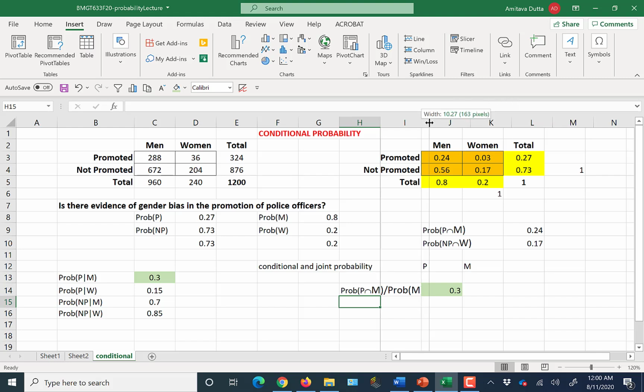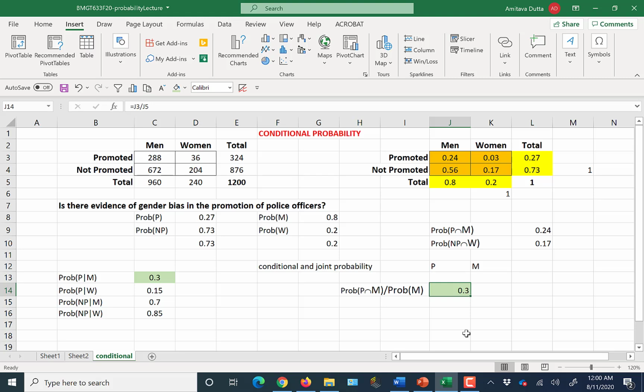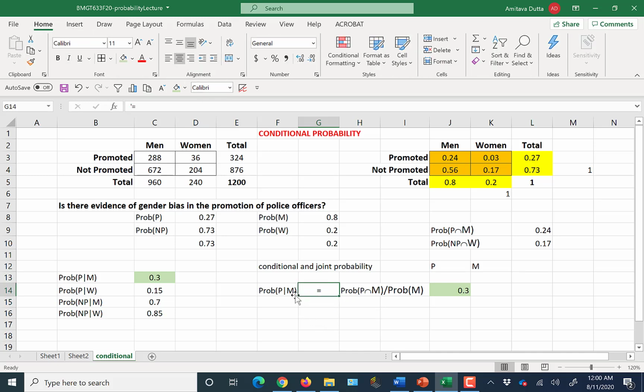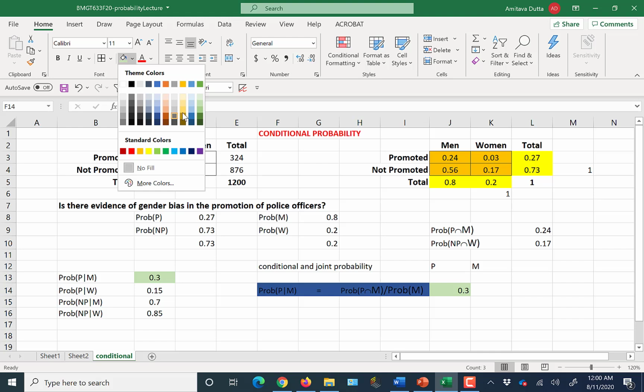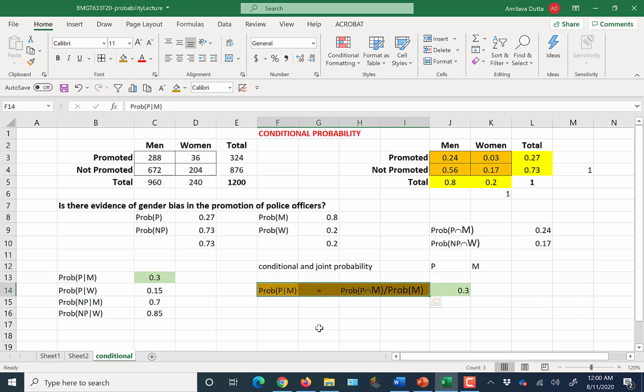Let me widen this a little bit. That's how I got my 0.3. Therefore, the probability of P given M is equal to, so this is the conditional probability expression, the way you compute conditional probabilities: the probability of P and M divided by the probability of M. So that's the numerical calculation.